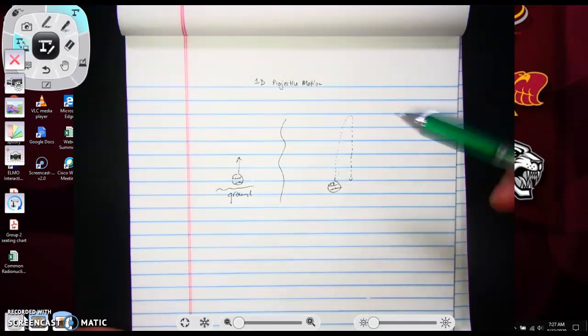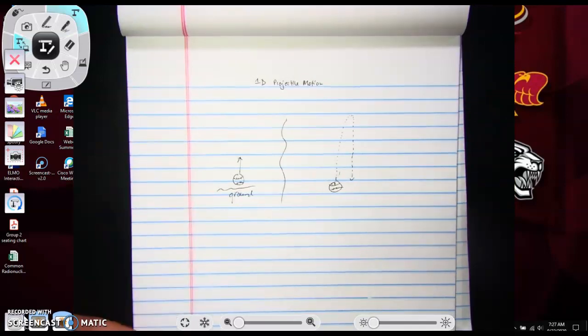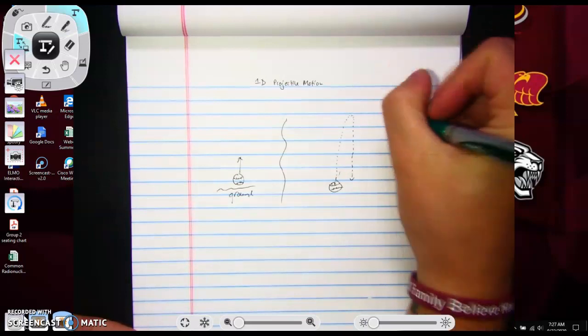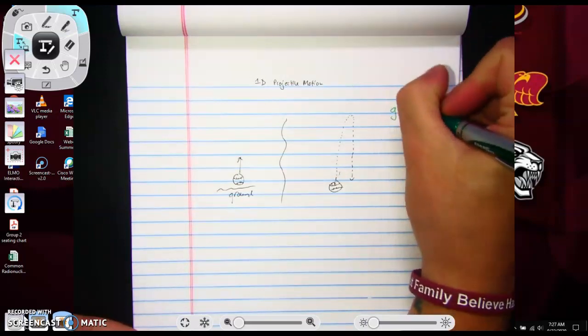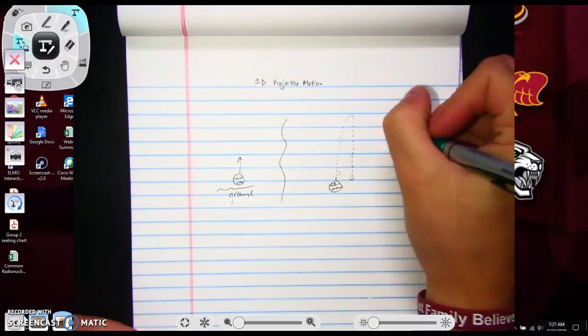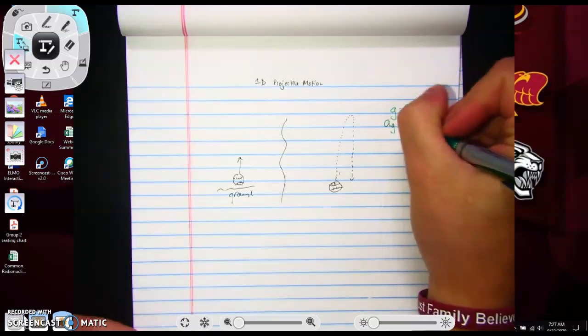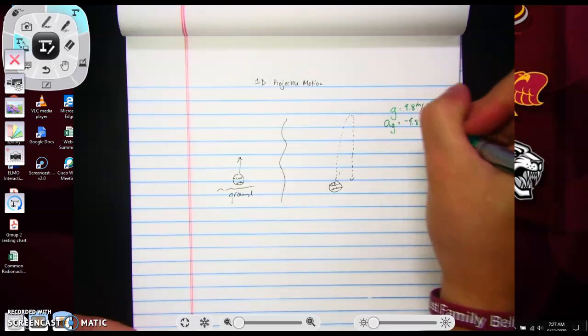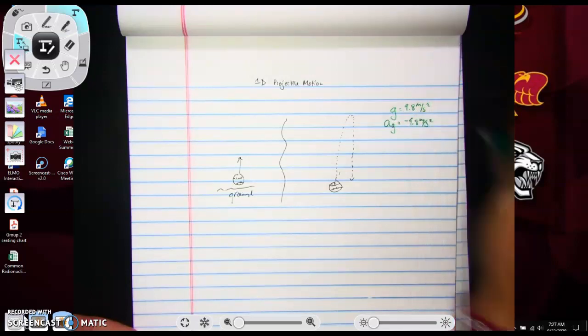Well, the moment that ball is released, we have that thing called gravity affecting the ball. Remember, gravity, lowercase g, is 9.8 meters per second squared. But we also have the acceleration due to gravity, a sub g, of negative 9.8 meters per second squared.